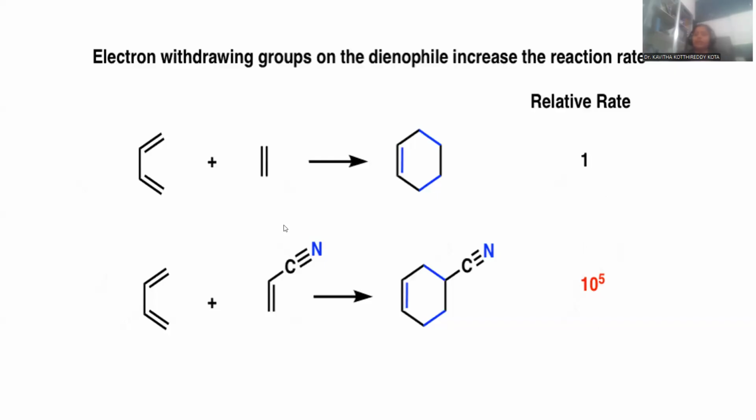You can notice that simply due to the introduction of an electron withdrawing group on this olefin. This simply indicates that electron releasing groups favor the diene for a faster pace of reaction, and electron withdrawing groups on the olefin raise the rate of reaction of the dienophile. This is about the relative rate comparison of the kinetics of the Diels-Alder reaction.